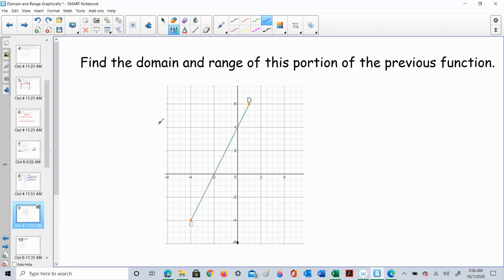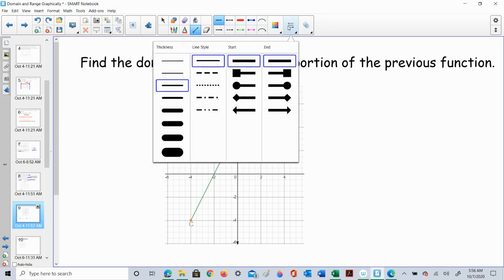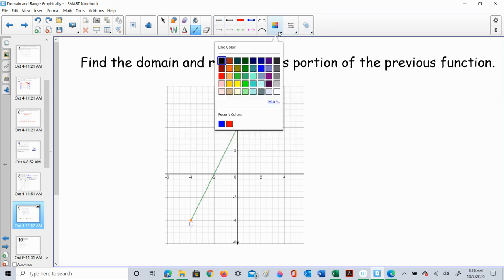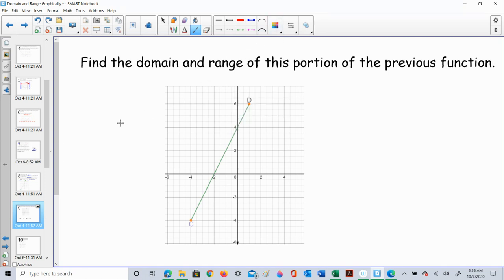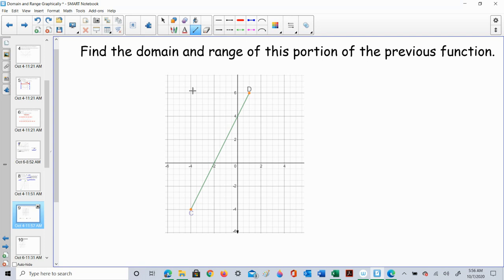Again, you're going to be drawing those lines, and the lines are just helpful guides so you get an idea of where you're at. You should have done something like this.